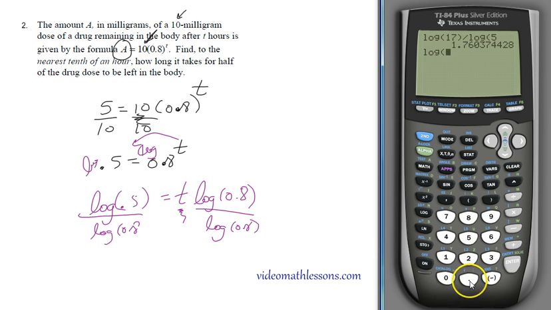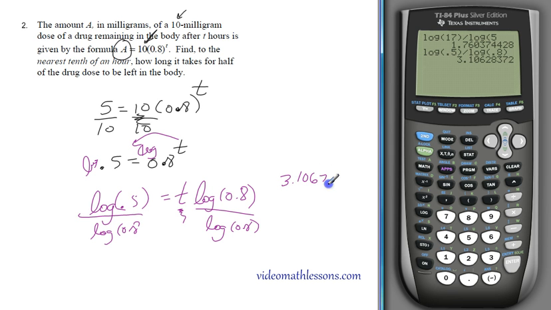Log 0.5 or log a half, it all depends on what you have. Make sure you close the parenthesis, divide by log 0.8. We hit enter, and we get 3.106287372.